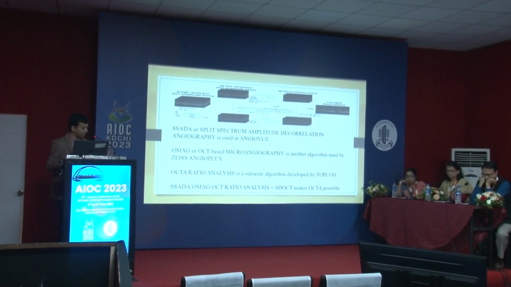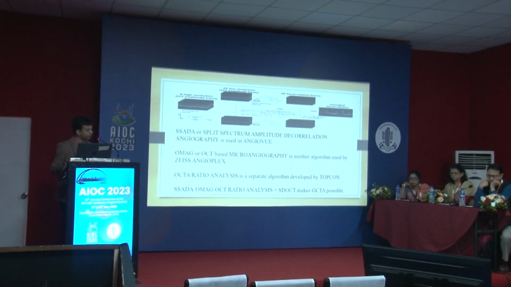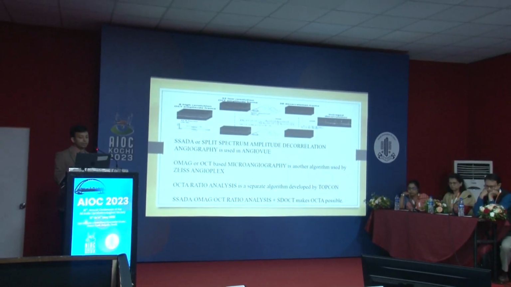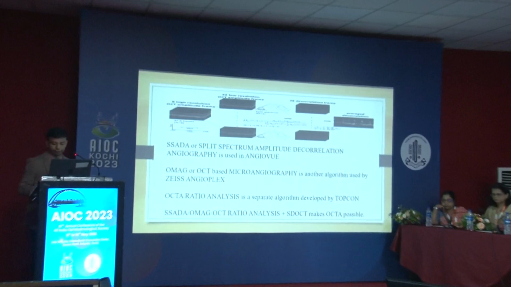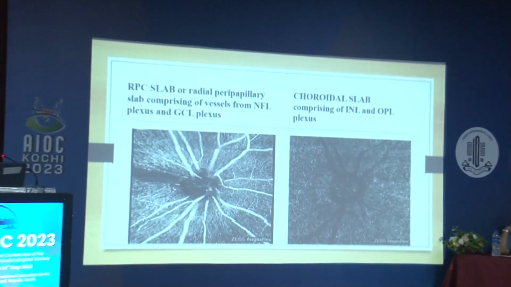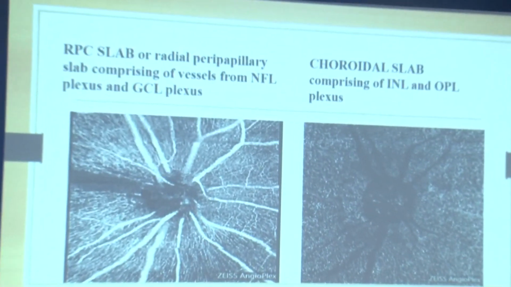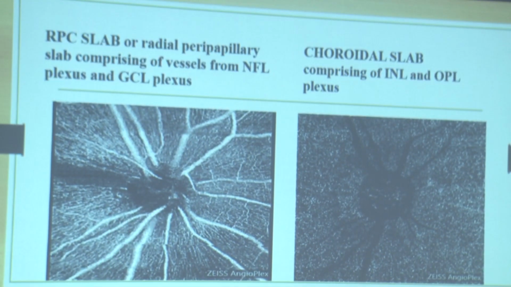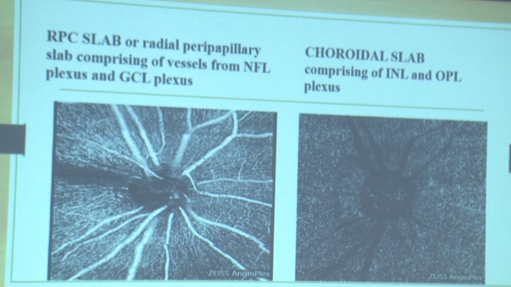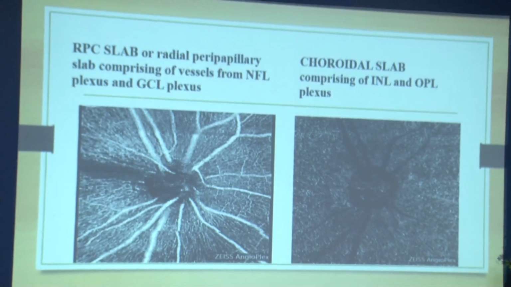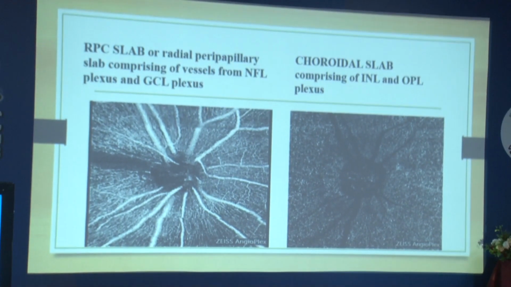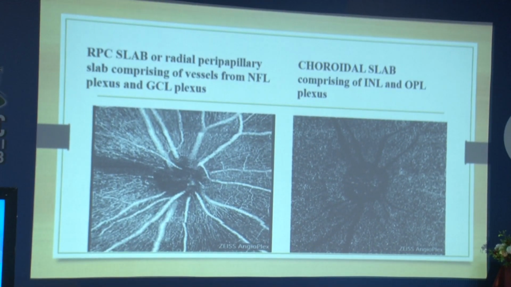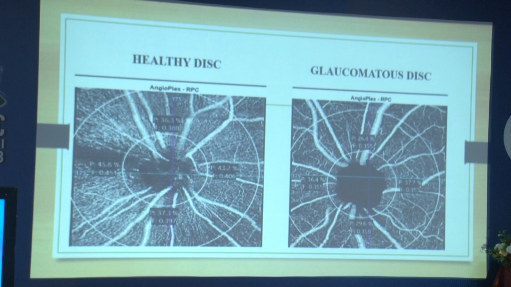So the spectral domain OCT, along with these softwares, they give these different values, the flow index and the vascular density. There are mainly two slabs of Octa. One is the RPC slab, or the superficial slab, and one is the choroidal slab, or the deeper slab. We are more focused on the superficial slab for the glaucoma analysis.